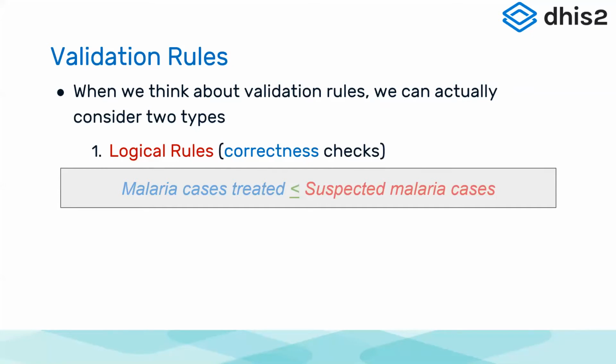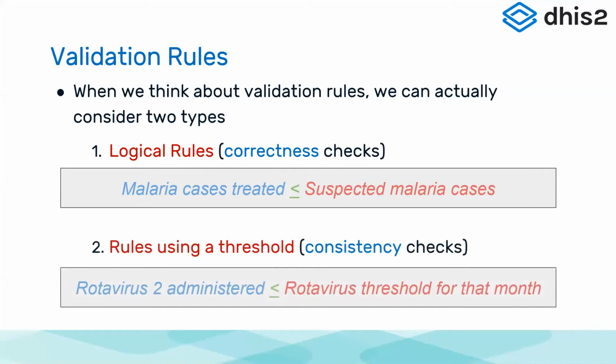The second type is validation rules using a threshold. On one side, maybe left or right, it doesn't matter, you have a data element or data elements, while on the other side you have a created value.